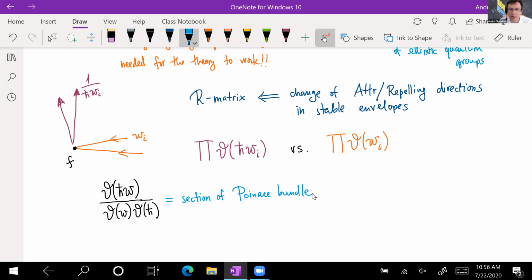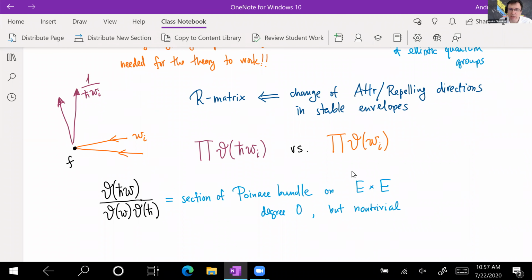Remember, we discussed the Poincare bundle last time, on E cross E. It has degree 0 in each piece, but it's like a universally non-trivial bundle of degree 0, like a universal family.